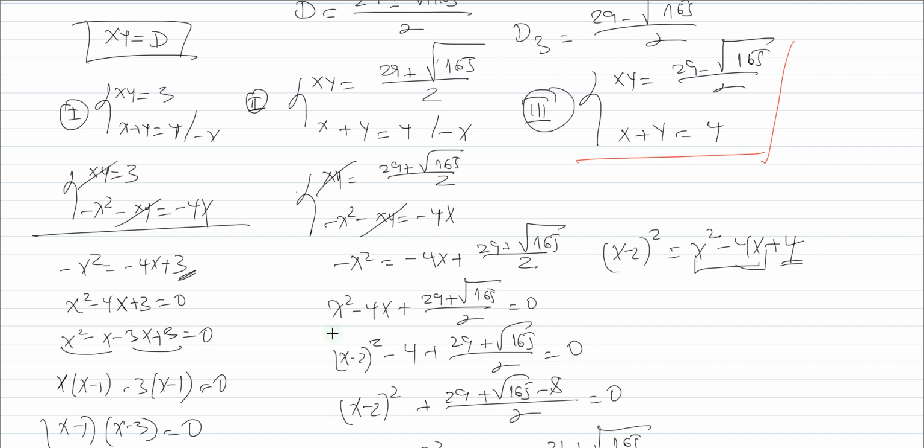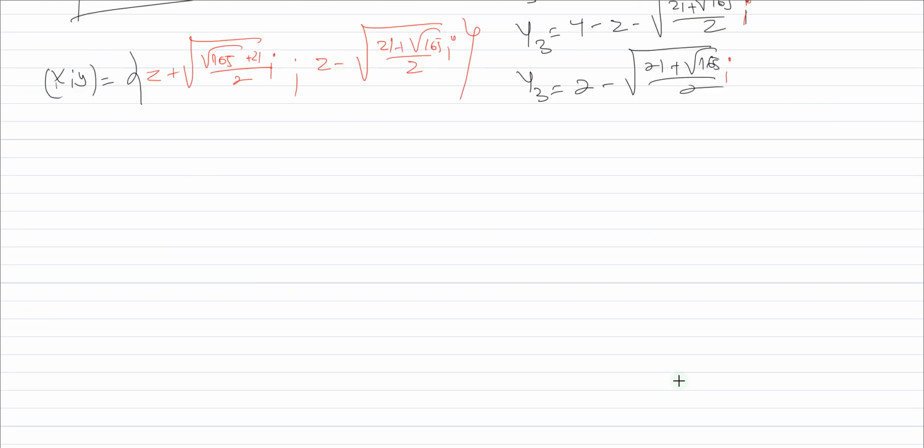So now we have then that x plus y is going to be equal to 29 minus square root of 165 divided by 2, and sorry, actually I made a mistake here. So this is actually x plus y, and x plus y is equal to 4.